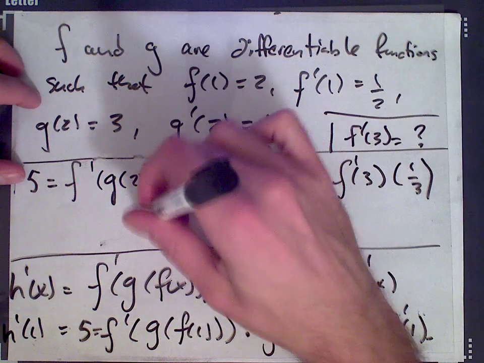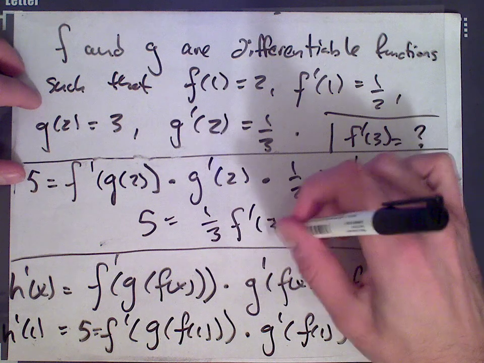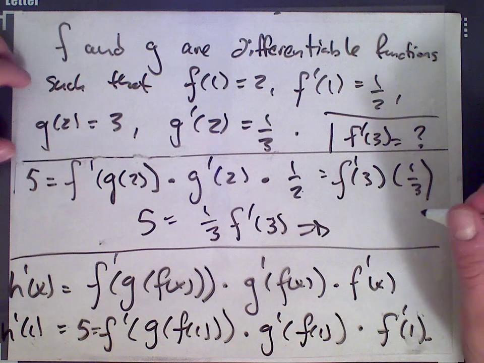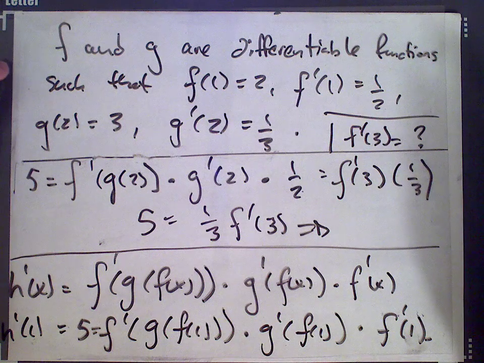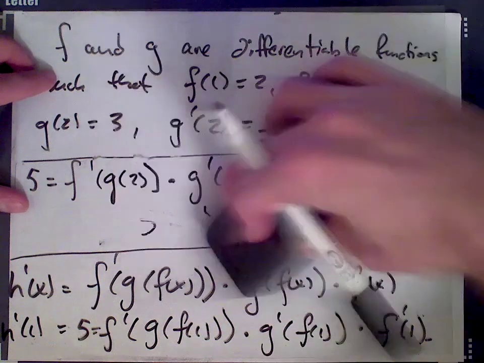Okay, so we have 5 equals 1/3 f prime of 3, and I'm missing a factor of 2 in here. Let me go back for a minute.